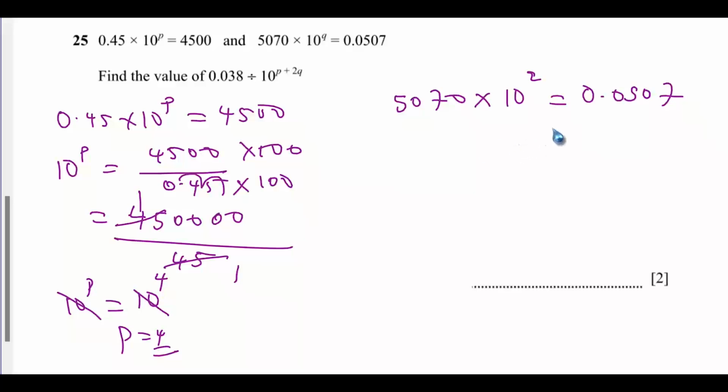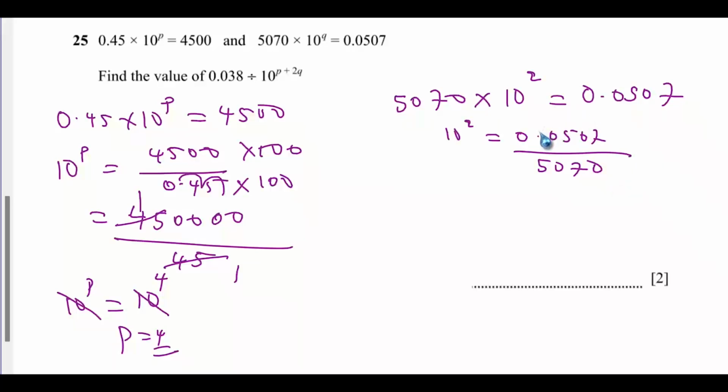So we need to do the same thing here. So 10 to the power of q will be equals to 0.0507 divided by 5070. So that is what we have here. Okay, good. So we need to make sure we have 5070 up here.